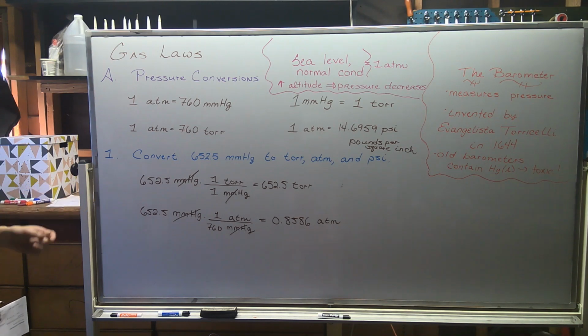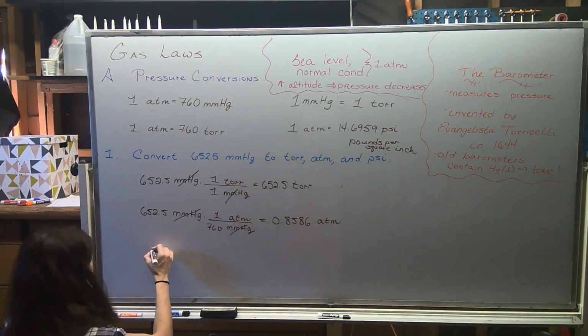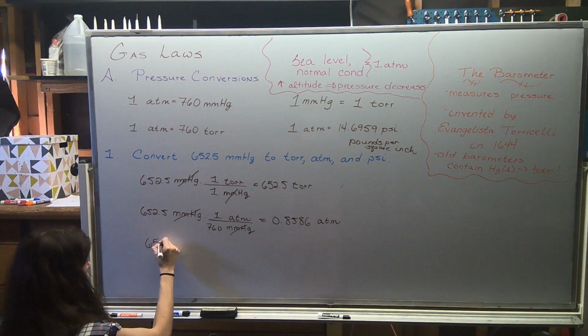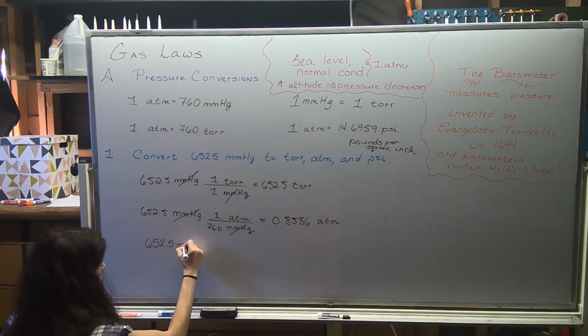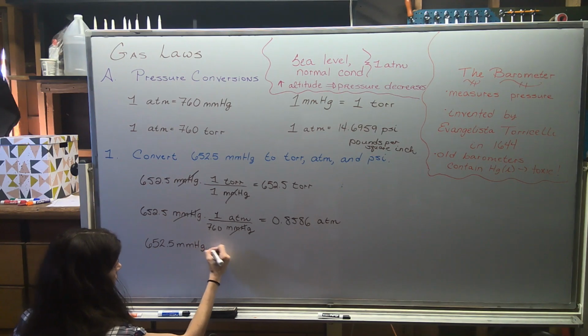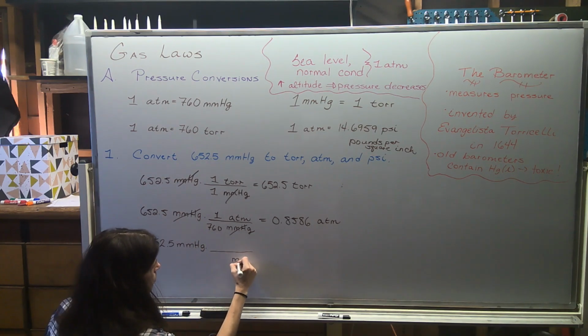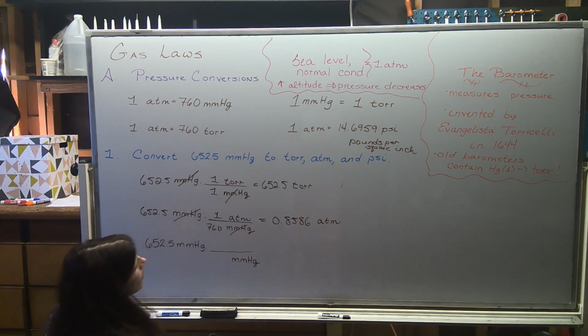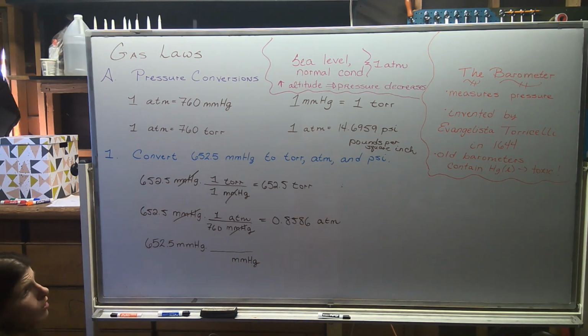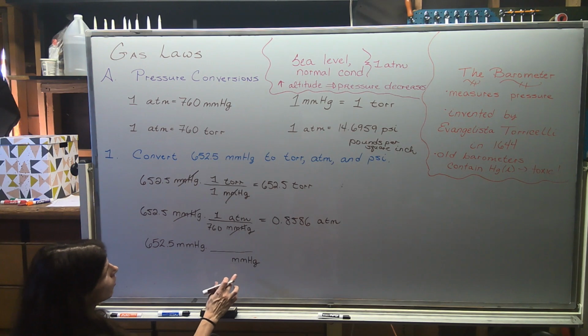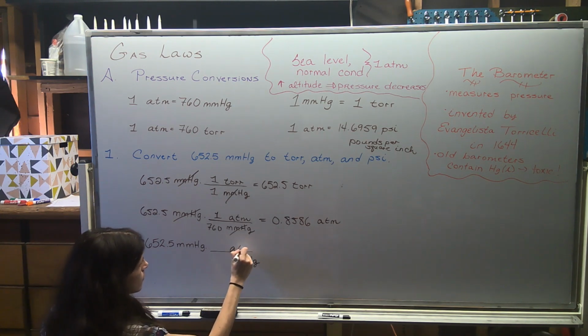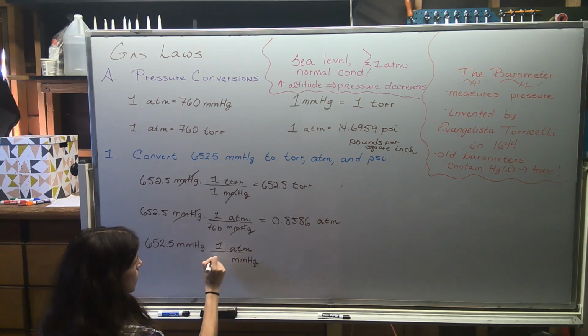Let's do PSI, that's the last one. I'm going to start it the same way, 652.5 millimeters of mercury. I want to get rid of millimeters of mercury. And looking at all the information we have currently, obviously you can Google some and find different ones, but I don't have a direct route between millimeters of mercury and PSIs. So I'm going to go millimeters of mercury to atmospheres, kind of repeat what I just did.